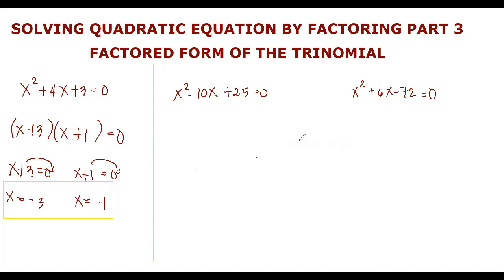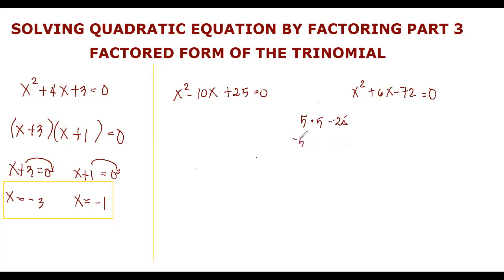The factors of 25 are 25 times 1. But 25 plus 1 is 26, so it cannot be 10. What other factors does 25 have? Can you list them down? We have 5 times 5 is equal to 25.